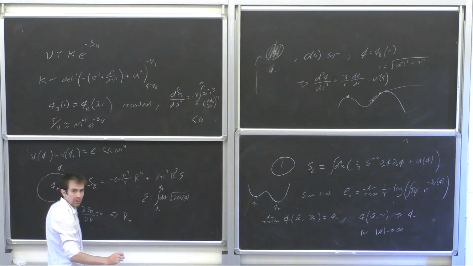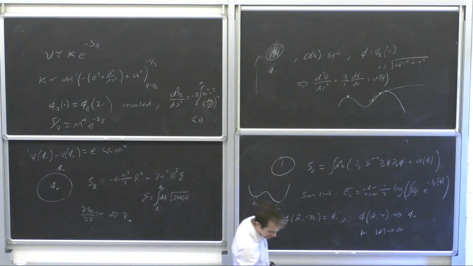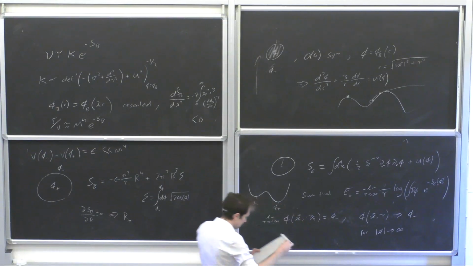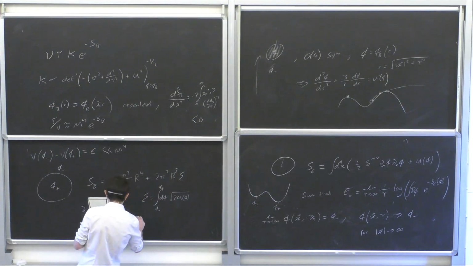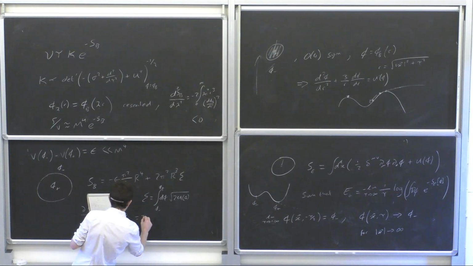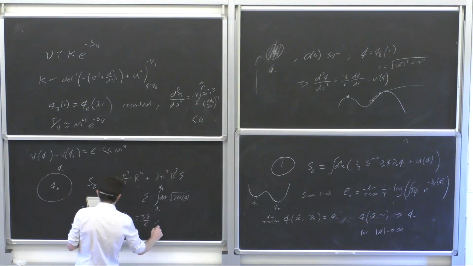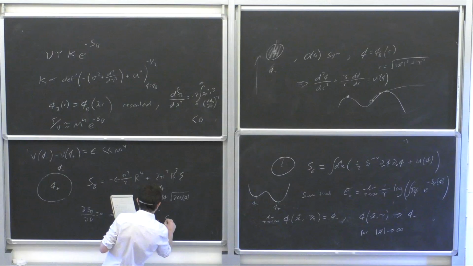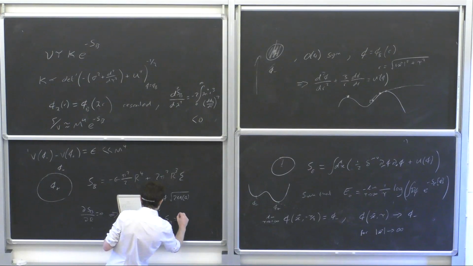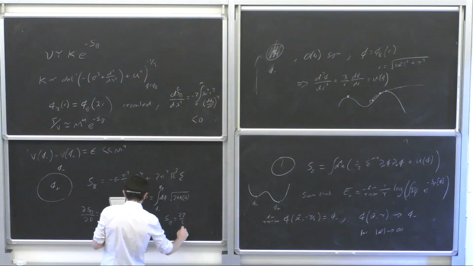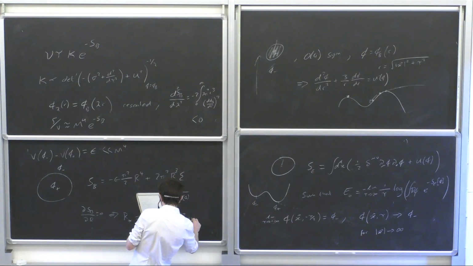Let me call the size of a critical bubble r star, which turns out to be 3 sigma over epsilon. And the corresponding bounce action is B, proportional to 1 over epsilon to the 4.